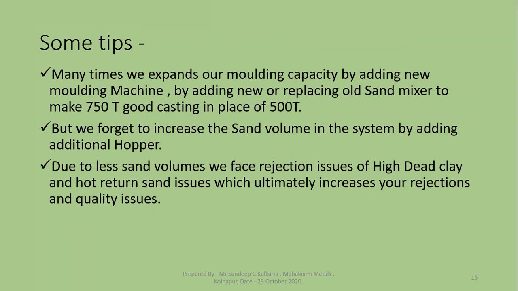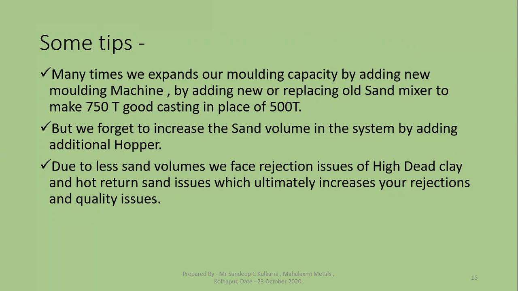We replace the old sand mixer with a new sand mixer. But we forget to increase the sand volume in the system by adding an additional hopper. This is what happens practically in foundries, and we expand the capacity by just adding a molding line, just replacing the mixer. But we forget to think about the sand volume required.